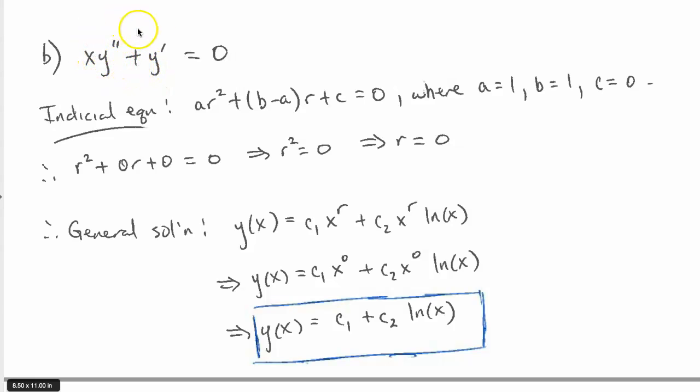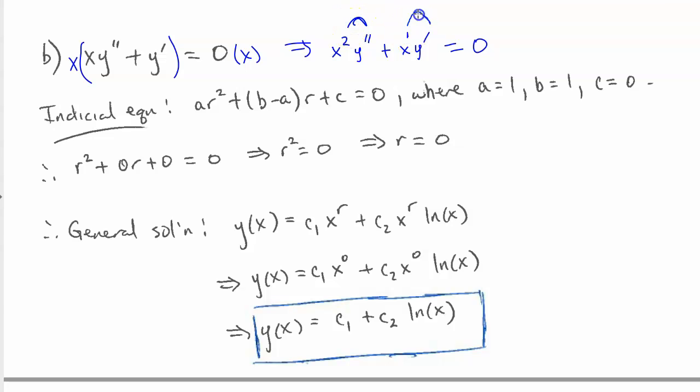If I multiply both sides of this equation by x, that would end up being x squared y double prime plus x y prime equals 0. And here we see the equidimensional thing going on. That lets us know that this is indeed an Euler-Cauchy equation.